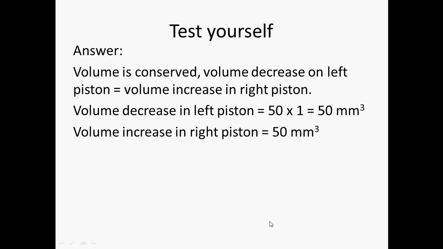So the volume increase on the right will also be 50 mm cube. The volume on the right can be expressed as the distance increased by the liquid on the right piston multiplied by the area of the right piston, equal to 50.